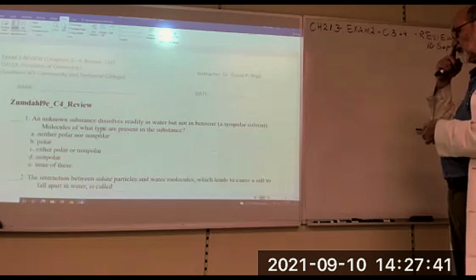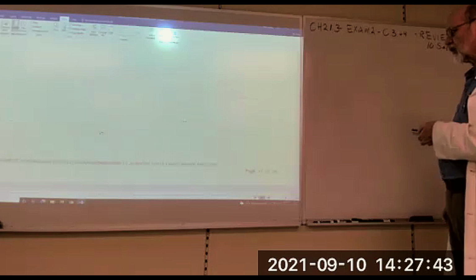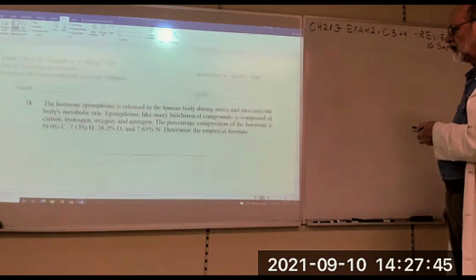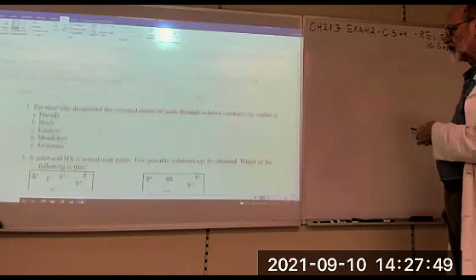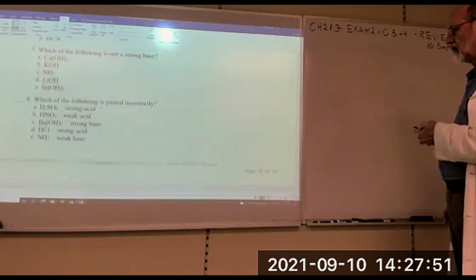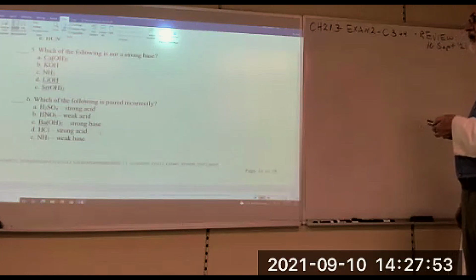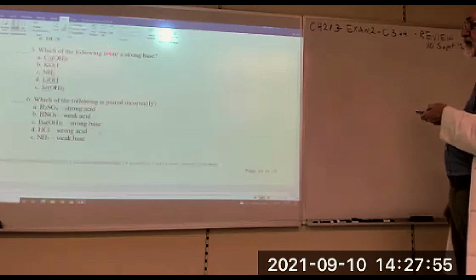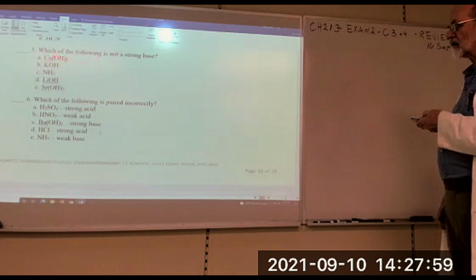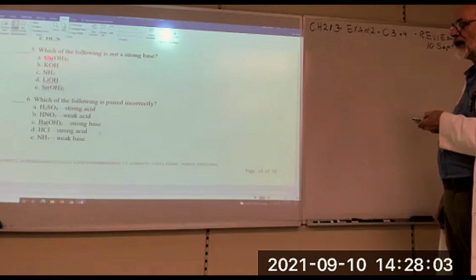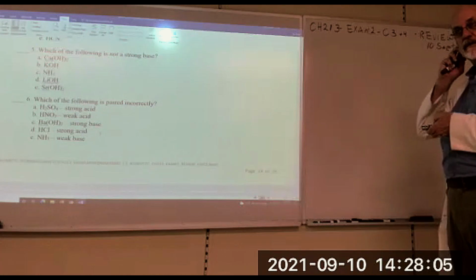All right. Let's see, I skipped one, didn't I? Went the wrong direction. Which of the following is not a strong base? Right, anytime it's got a hydroxide in there and it's an alkali metal or an alkaline earth, it's a strong base.